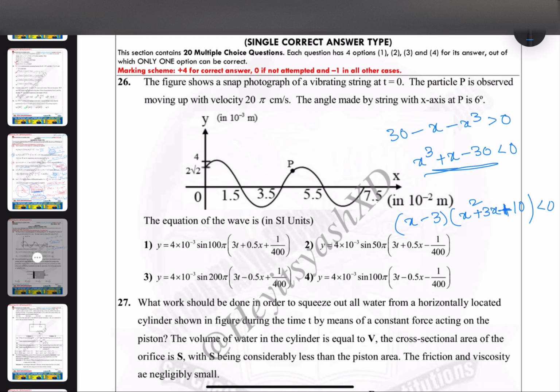If you check the discriminant, b square, 9 minus 4ac, it is negative, so it has no roots. So this expression is always positive. Therefore x should be less than 3. We get x less than 3 for this.